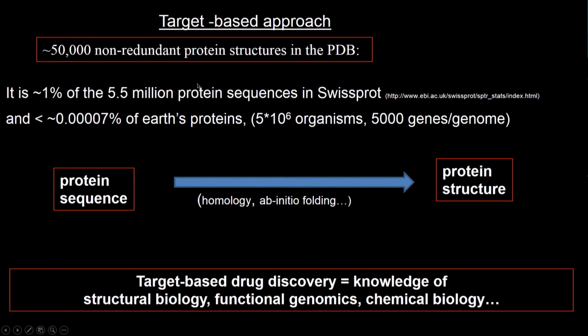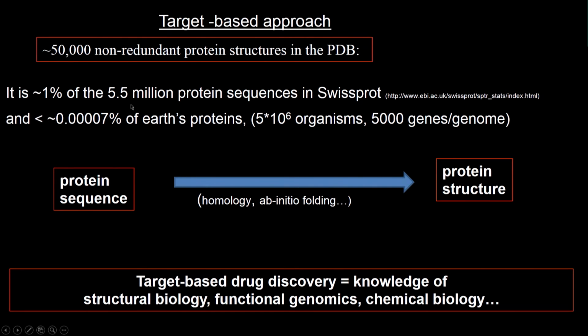So, we still do not have the 3-dimensional structure of many proteins. Okay, and this number is only a very small amount of proteins on the earth. That means there are about 5 million organisms, each organism has 5,000 genes. So, that is a very small number.